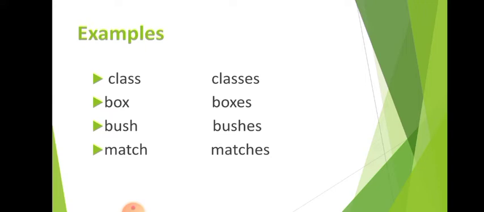Here you can see the first word class ended with double s, so we have added es to make it a plural noun. Then we have box ended with x, so we have added es to make it boxes. Bush ended with sh, we added es to make it bushes. Match ended with ch, we added es to make it matches.